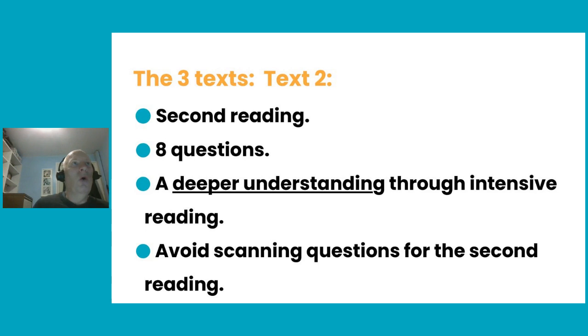So for instance, what could humanity do to halt the decline of the bee population? That's okay, because there are reasons in the text that say this is why the honeybee is declining in numbers.